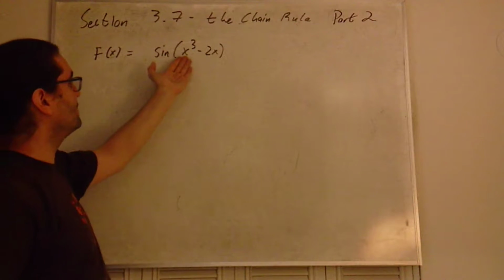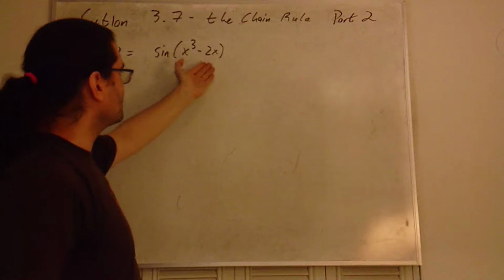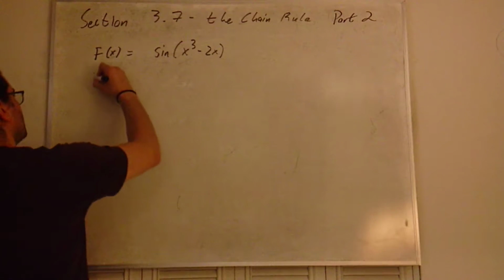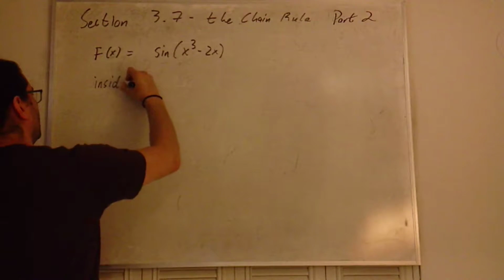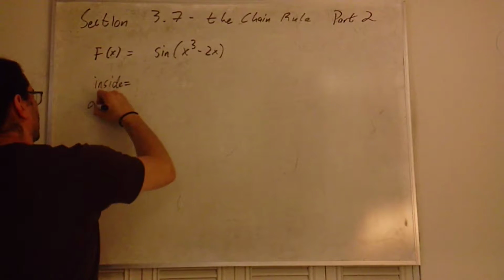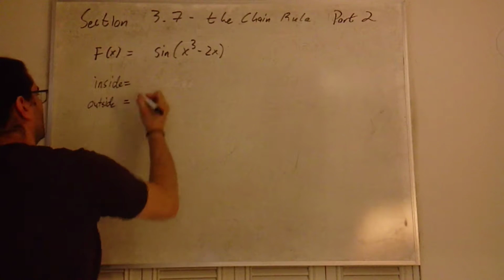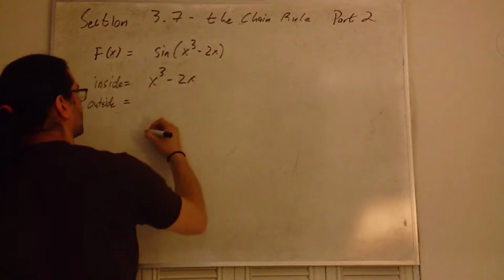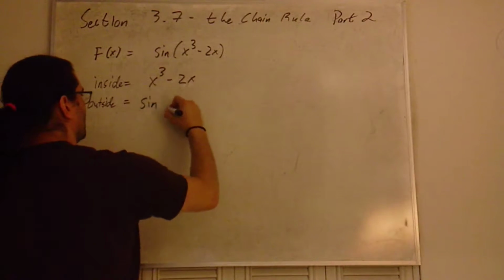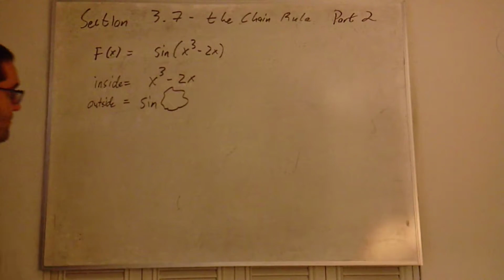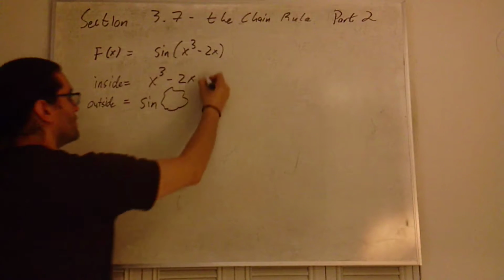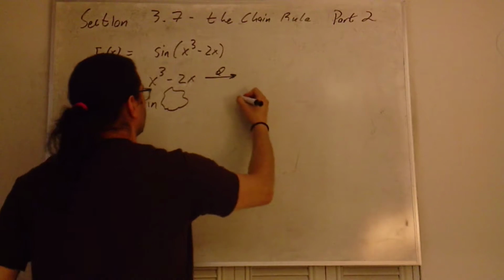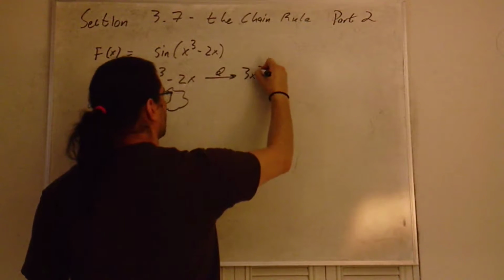the sine of x cubed minus 2x. The first thing you need to do is identify the inside function and the outside function. The inside function is x cubed minus 2x. The outside function is the sine of the blob. The derivative of this is 3x squared minus 2.